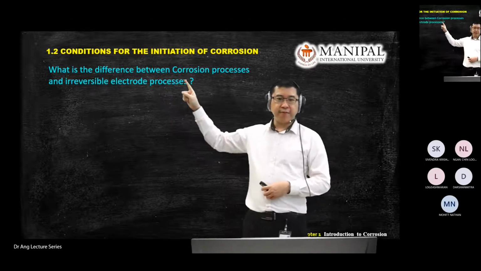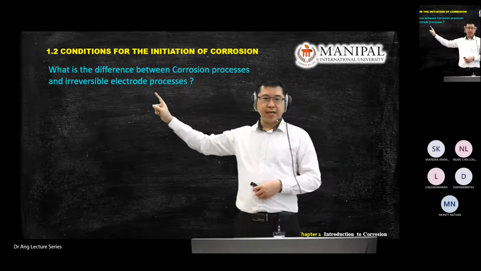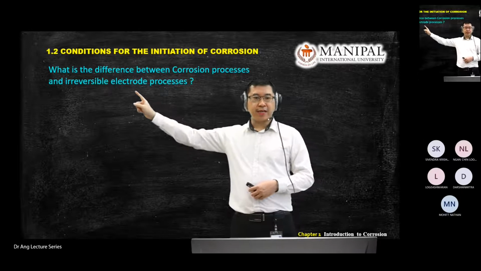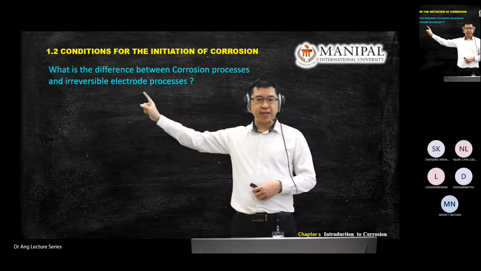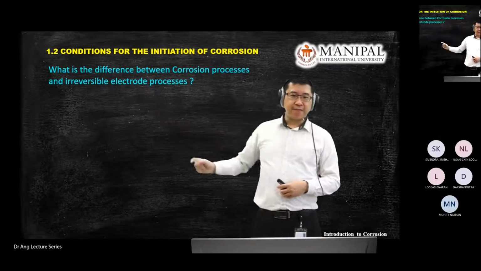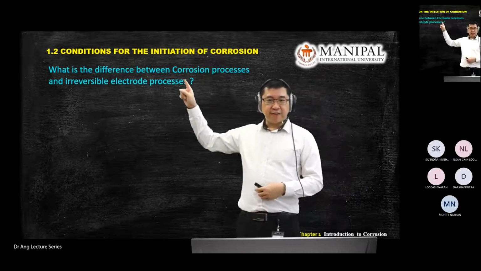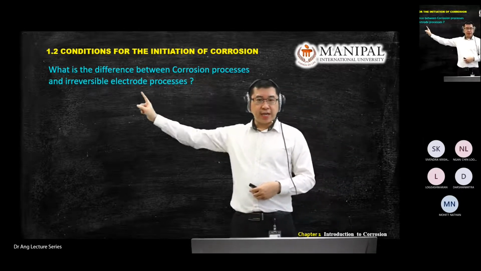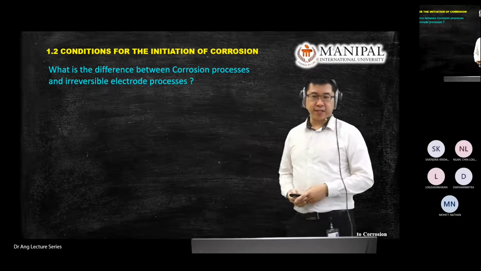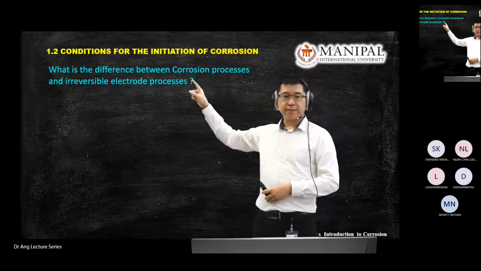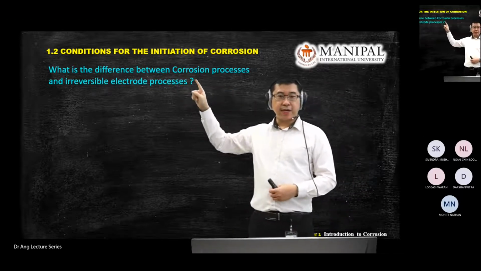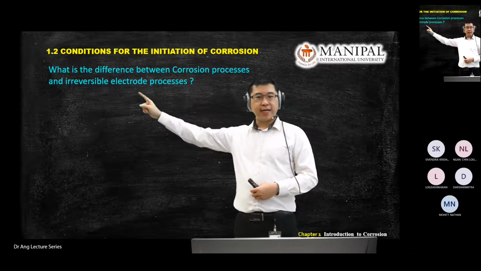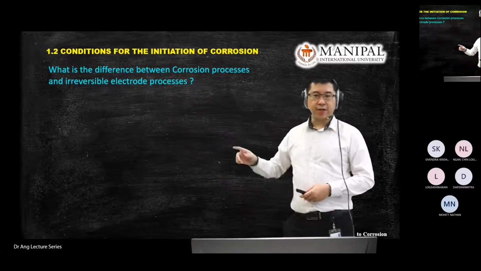What is the difference between corrosion and electrode process? Meaning you learned in physics or chemistry, you know what is electrolysis, right? So what is the difference between corrosion and electrolysis? You have to differentiate, because some students who learn chemistry confuse corrosion with the electrolysis process or electrode process.